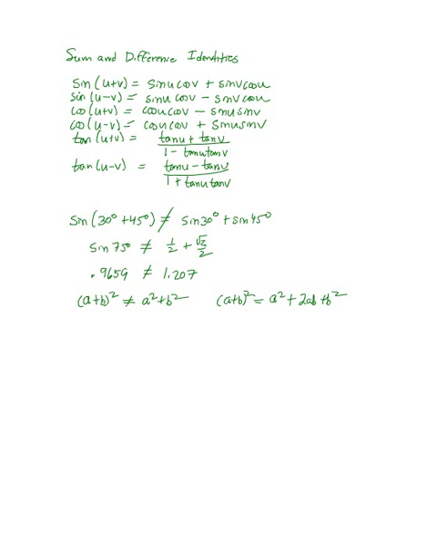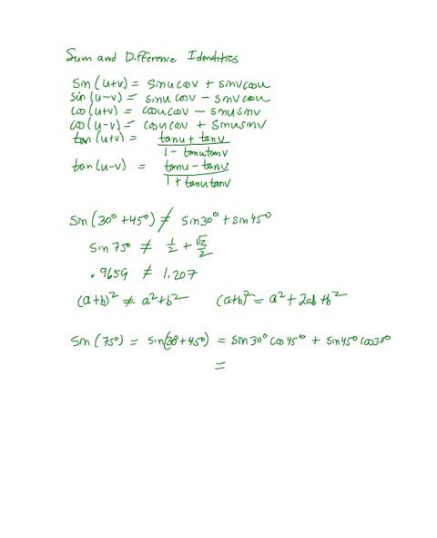Okay, so what is the sine of 75 degrees? Well, we get that decimal, but we could also do this. The sine of 75 degrees is the sine of 30 degrees plus 45 degrees. And then we can use that formula. According to the formula, that's sine 30 degrees cosine 45 degrees plus sine 45 degrees cosine 30 degrees.